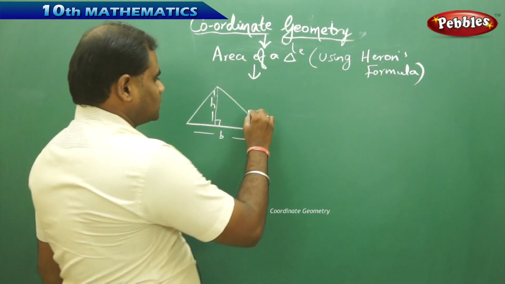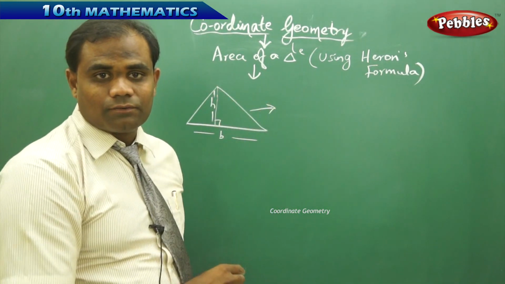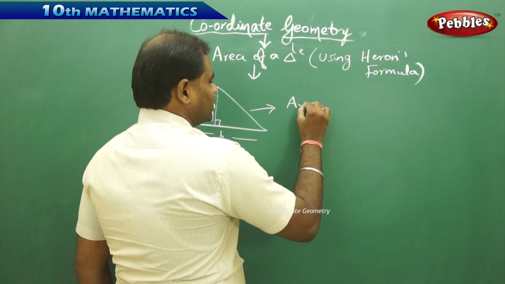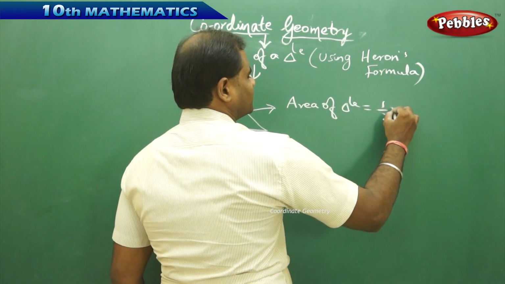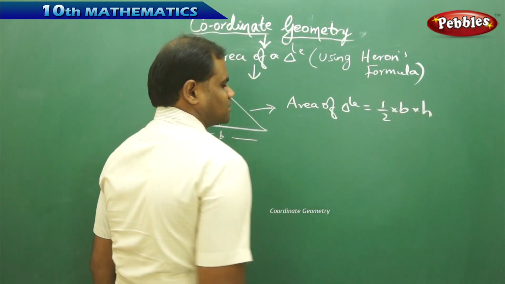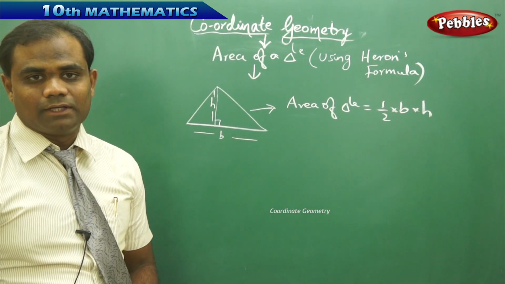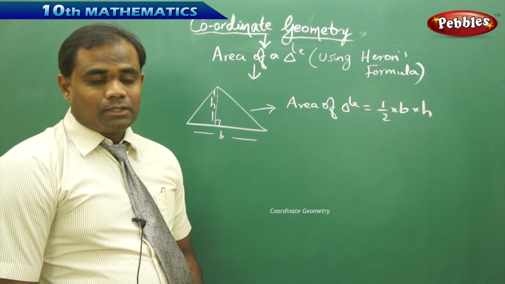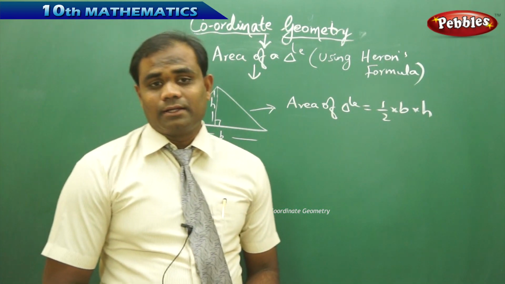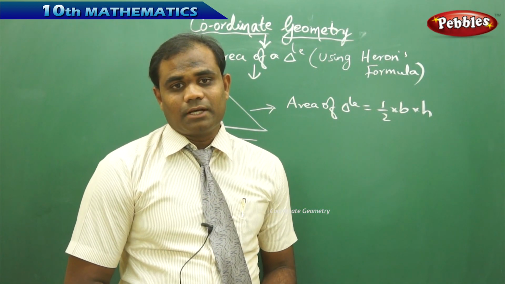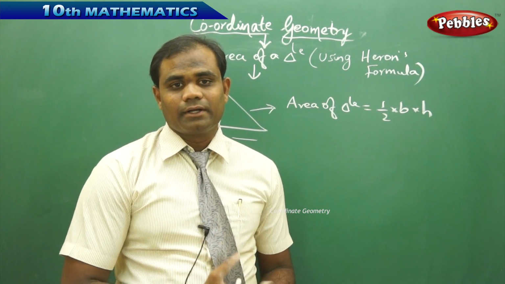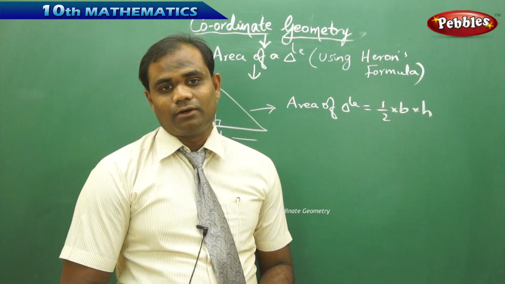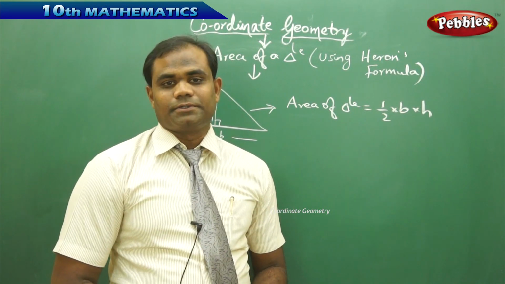If the base and height are known, we all know that the area of a triangle is half into base into height, as we have learned in the lower sessions. But what if the height of the triangle is not given? Say I have a triangle whose height is not given, then how do I find the area of the triangle of those particular dimensions?